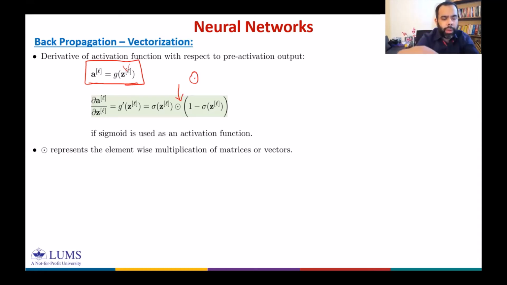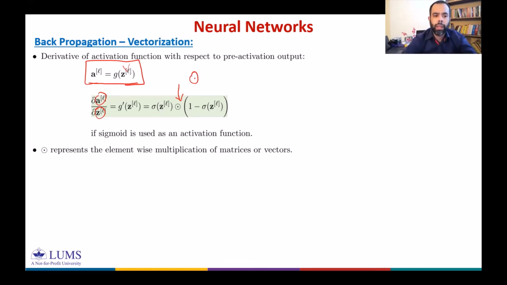So we have computed the derivative of activation output A with respect to pre-activation output Z, and we've also computed the derivative of the loss function with respect to the output of the final layer.